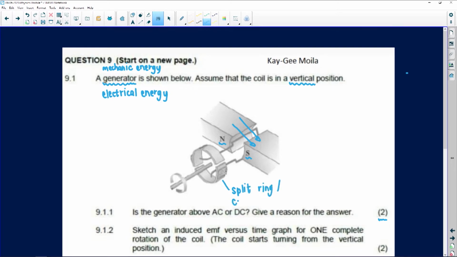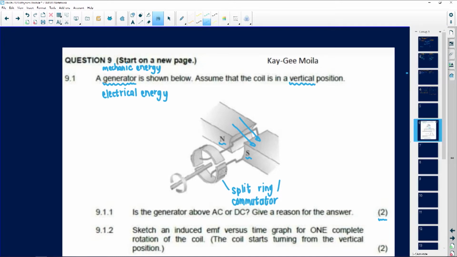Some people call it a commutator. Because if it was an AC, I just want to take you back a little bit, we were going to have 2 rings like this, something going there, something going there, and then our carbon brushes on the side. This would have been for an AC to show that the current is alternating. But in this case, there is a split ring, or a commutator.